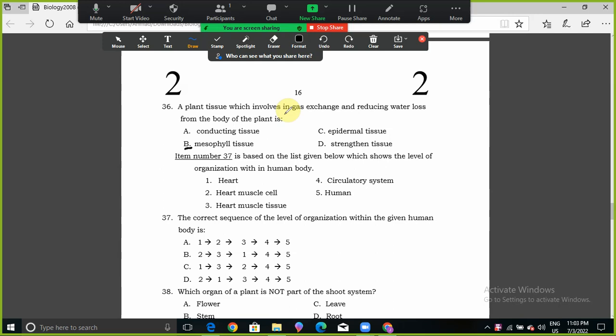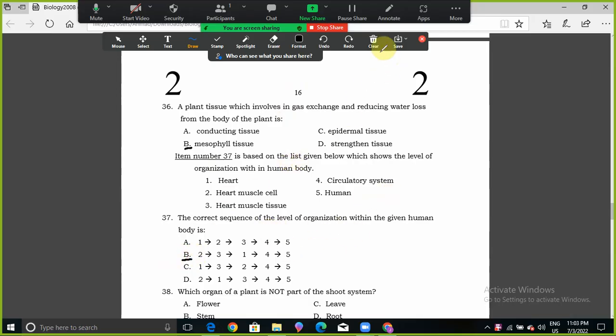What we have here: heart muscle cell, heart muscle tissue, circulatory system, and human. So the correct answer is 2, 3, 1, 4, 5, which is B, in order, of course.